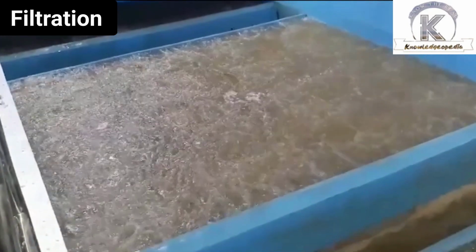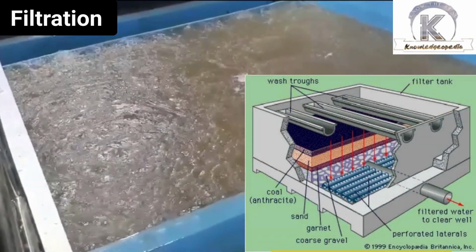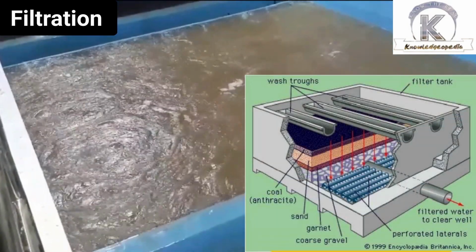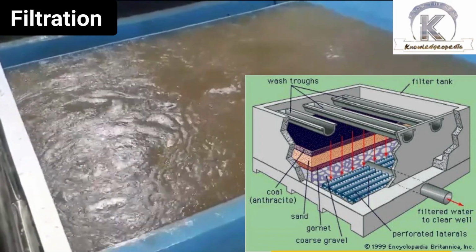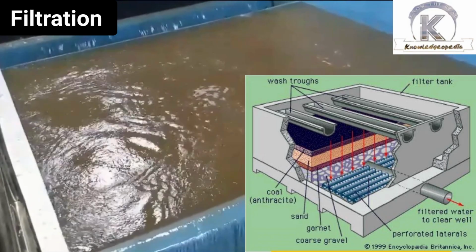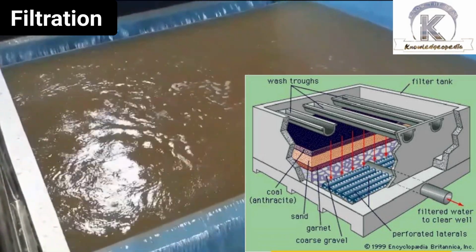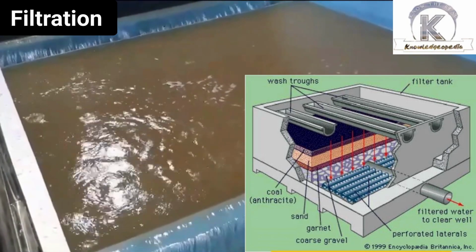Under filtration, water is passed through a bed of sand and other granular materials like gravel. 95 to 98% of suspended impurities are removed by sand filtration. It is used for removing bacteria, color, taste, and odor.